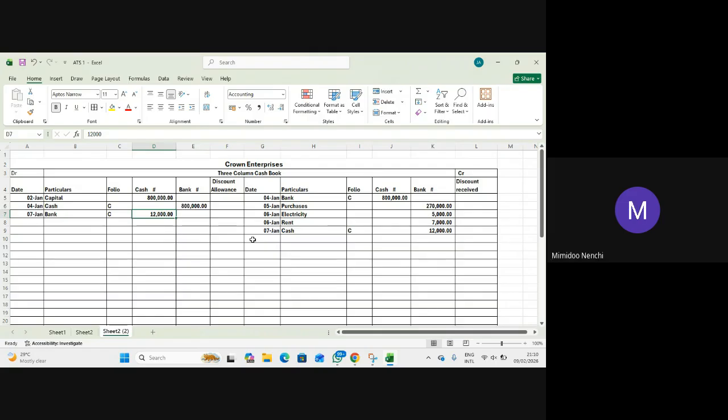Can you read it out? Sales by check 25,000, cash. We have a sales by check and sales by cash. Sales by cash. So how do we record this? Which side are we posting this to?